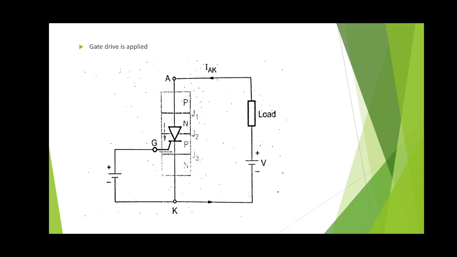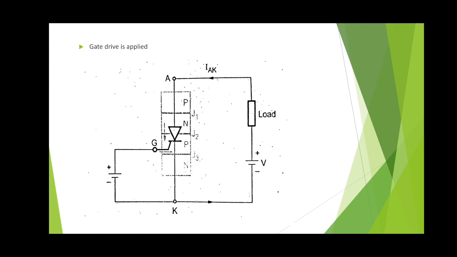Hence, avalanche breakdown of junction J2 takes place at a lower anode to cathode voltage, and the thyristor goes into forward conduction mode. It will move from forward blocking mode to forward conduction mode even if the voltage between anode and cathode is less than the breakover voltage.